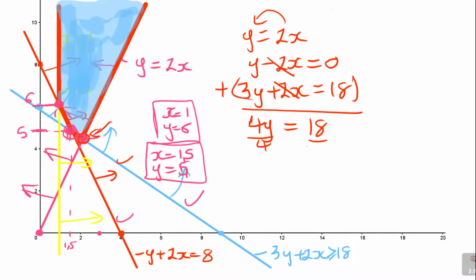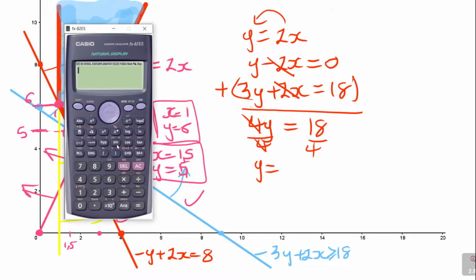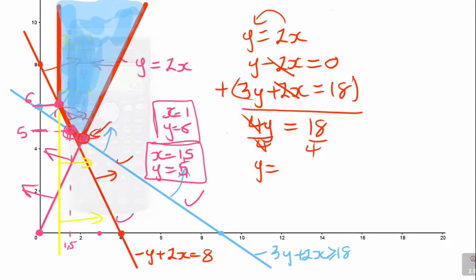Divide by 4 here. So what is y? What is 18 divided by 4? So I've got 18 over 4. It gives me 4,5 or 9 over 2. Same thing.